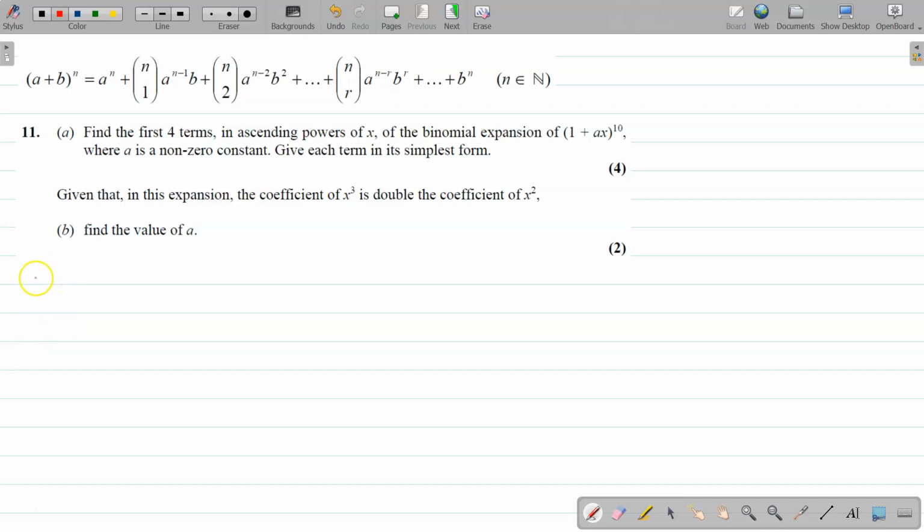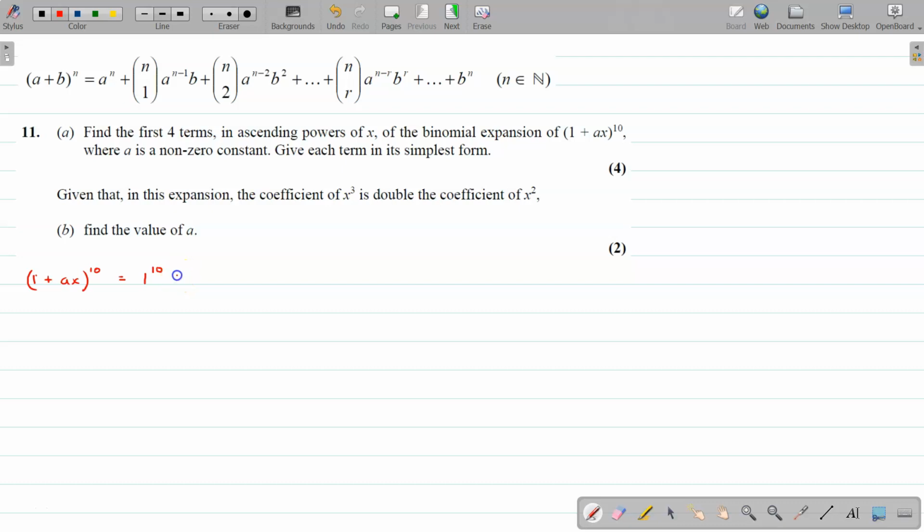We have that 1 plus ax to the power 10, okay, is equal to 1 to the power of 10, okay, is the first term.